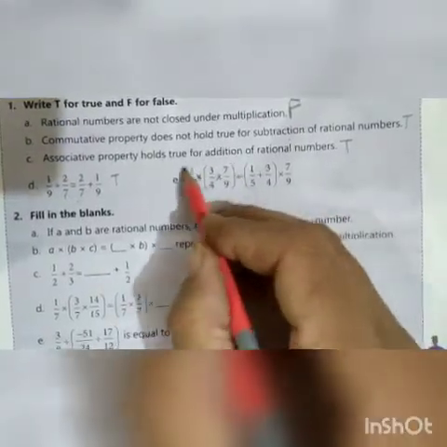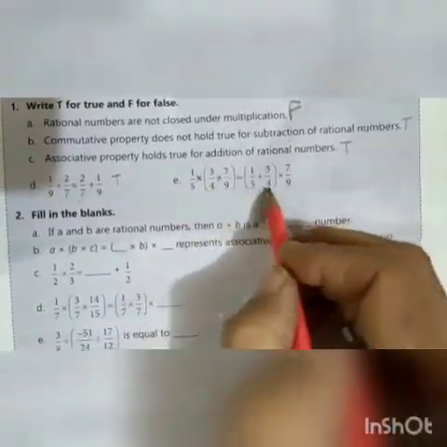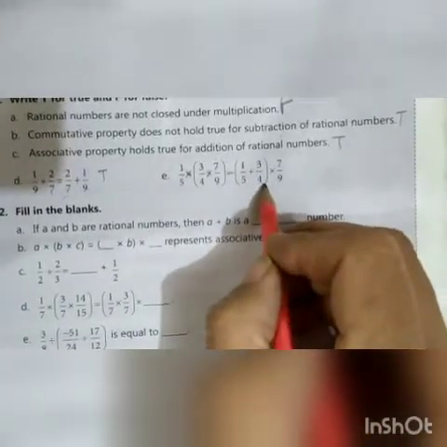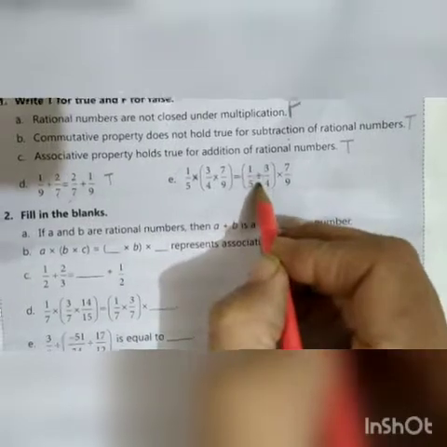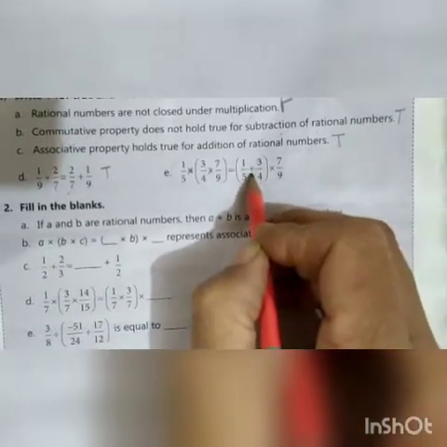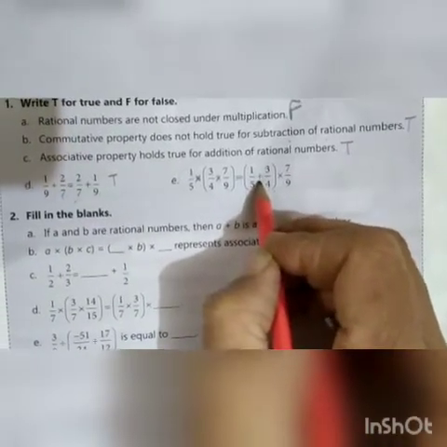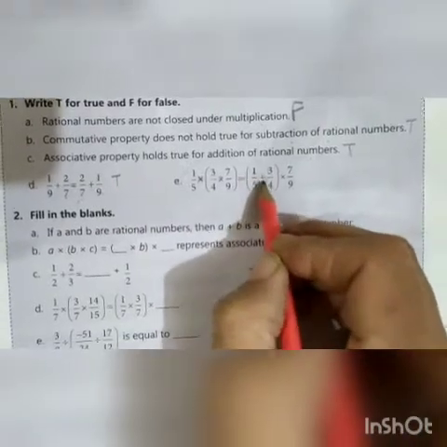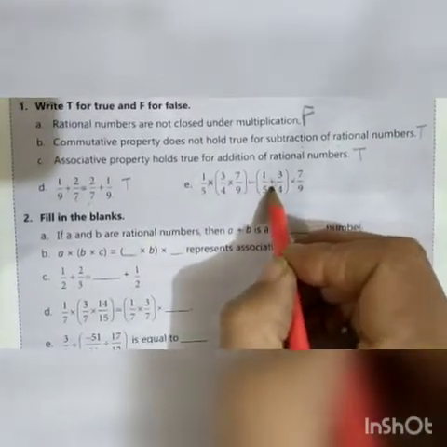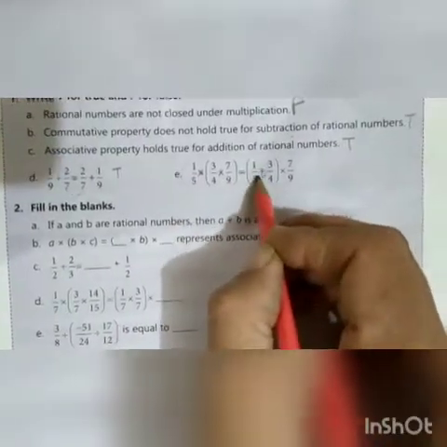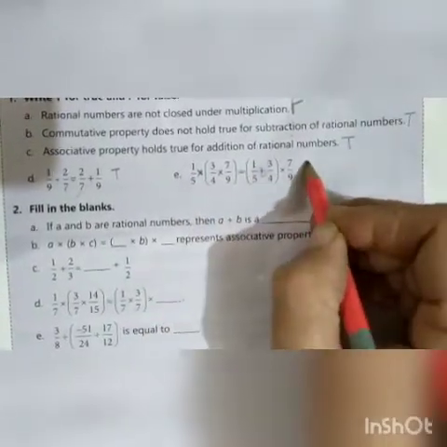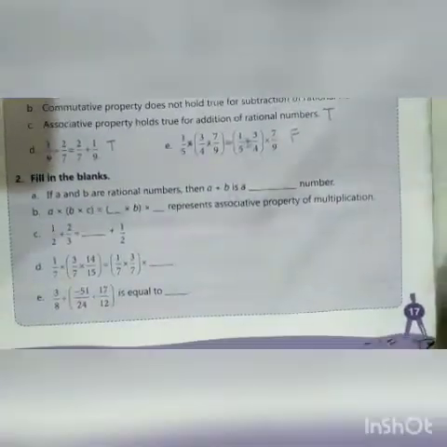This is the associative property for multiplication, but on the right hand side, in place of the multiplication sign, the author has written a plus sign. So it is not true. If there is a multiply sign, then it is true, but now it is false.